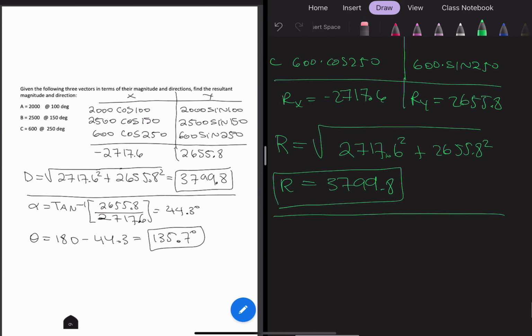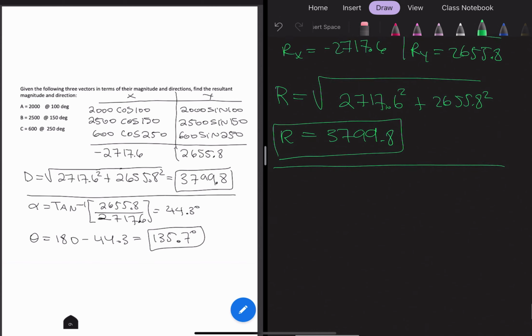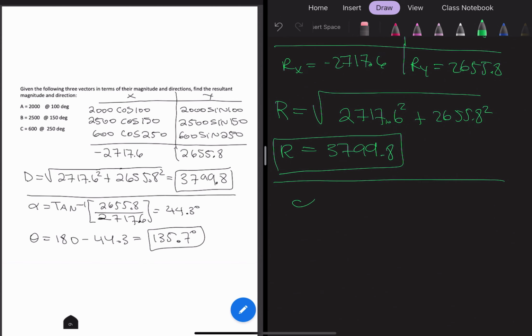So the next part is to get the direction. Before you get the direction, always get the reference angle alpha, which is going to be the inverse tangent of the positive y part, 2655.8, over the positive x part, which is 2717.6. And so alpha will be 44.3 degrees.